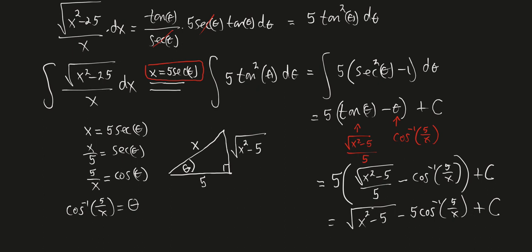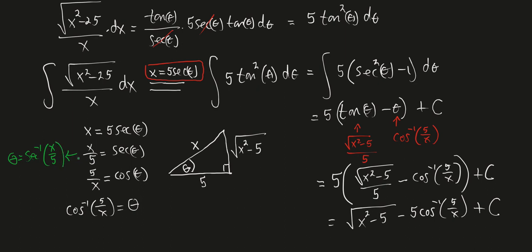Another version is we could have expressed theta in terms of arc secant. So in other words, if you're comfortable working with things like secant, we could have said that if I take the arc secant of both sides, I could get theta, right? So another way it could be expressed is that theta is arc secant of x over 5.